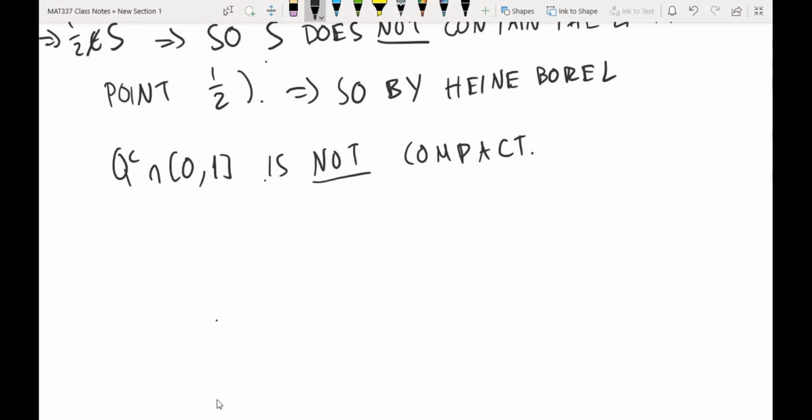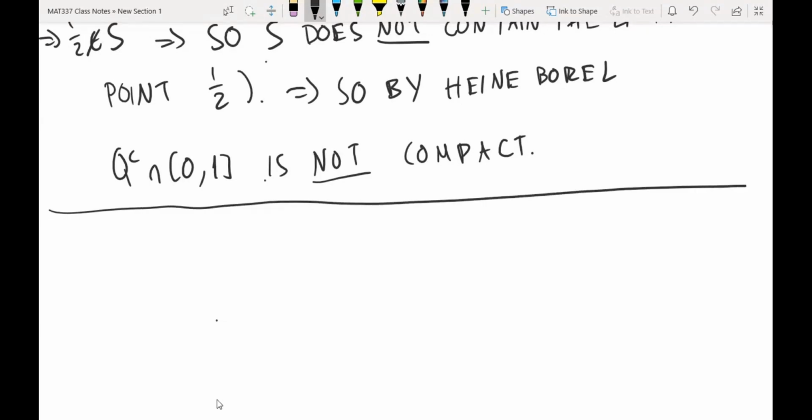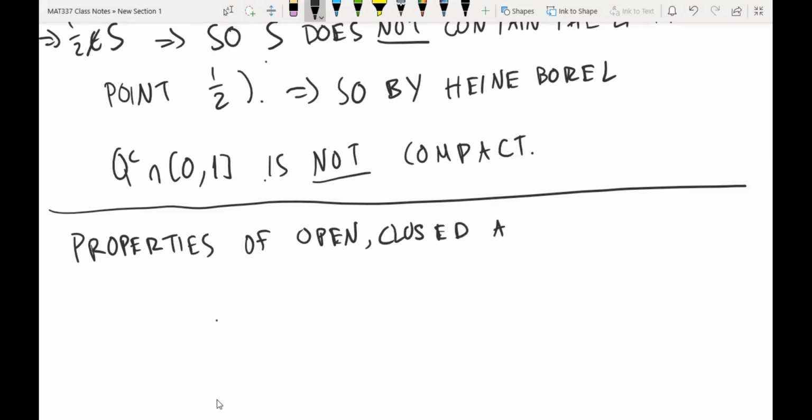Good. So now we'll prove some properties of open, closed, and compact.